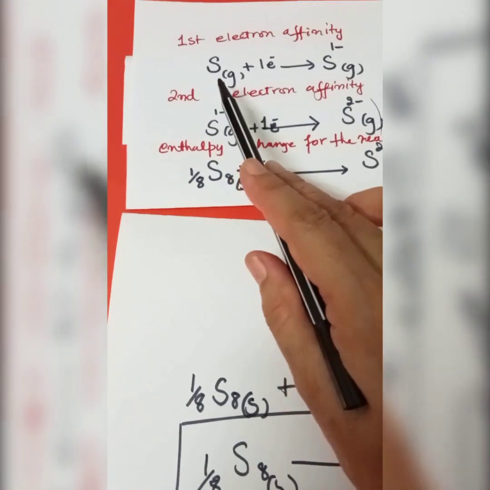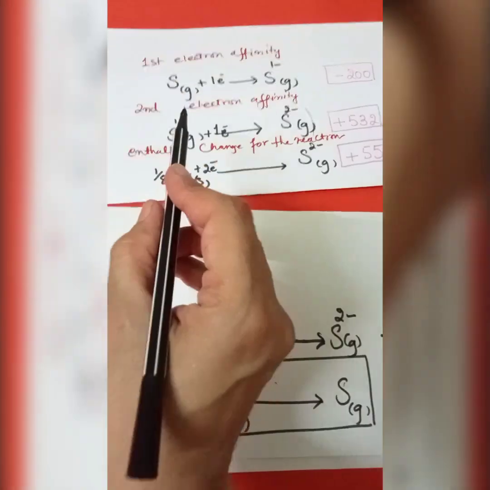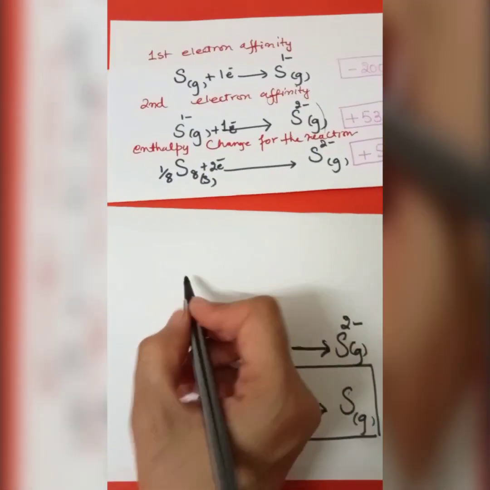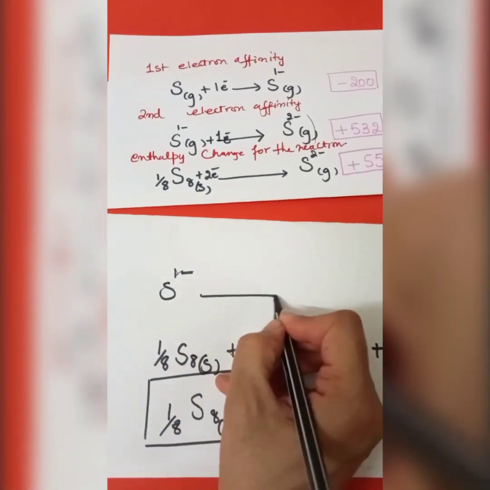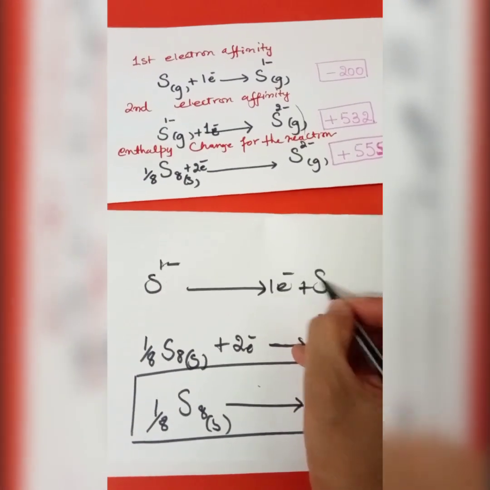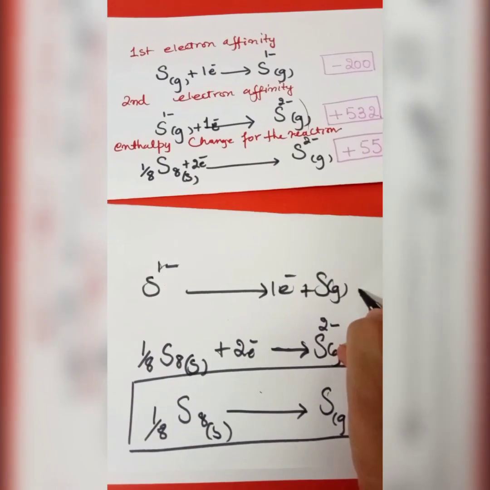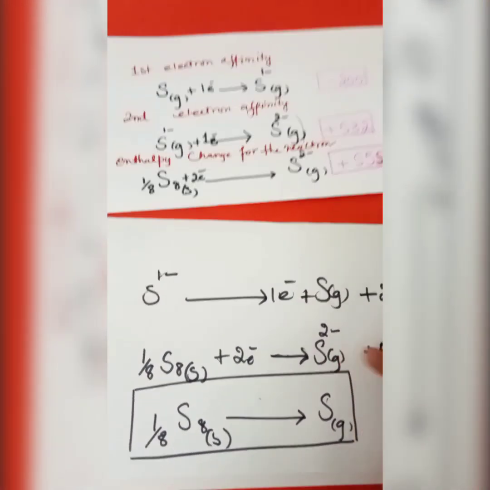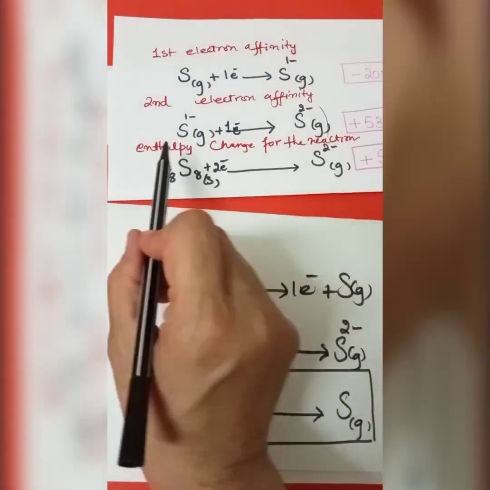We have S gaseous here and S1 minus here, and in the resultant equation we need S gaseous here, so we will flip this equation. We will write S1 minus changes to 1 electron plus sulfur gaseous, and the value will be changed to plus 200.